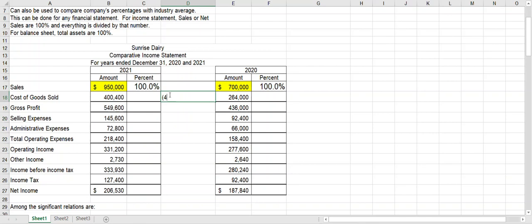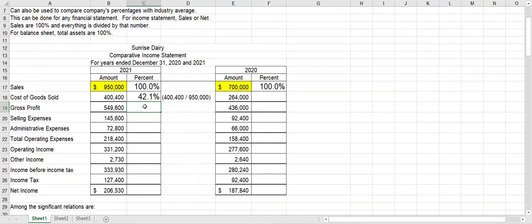For the first one, cost of goods sold is 400,400, and you will divide it by sales of 950,000. Okay, so I will do that here. I will take 400,400 divided by 950,000, and you get 42.1%.